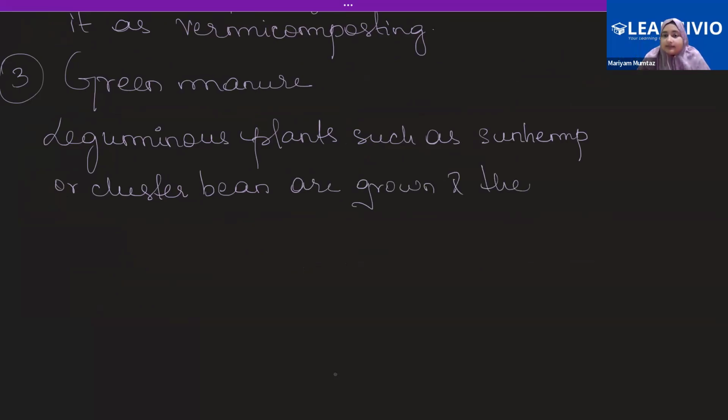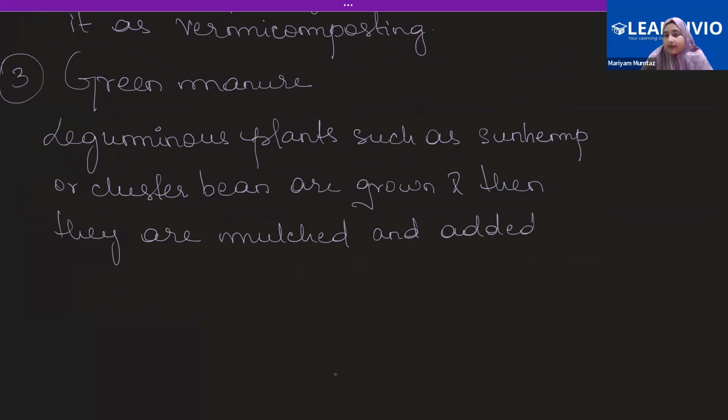and then they are mulched and added to the soil.